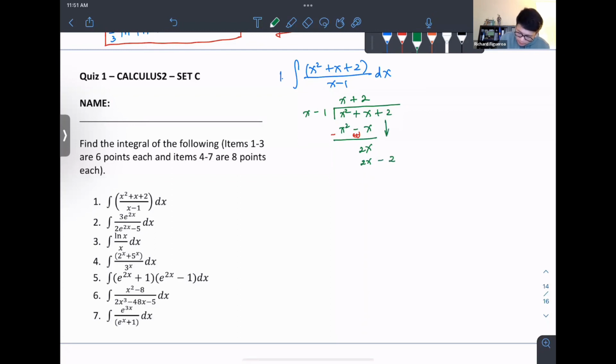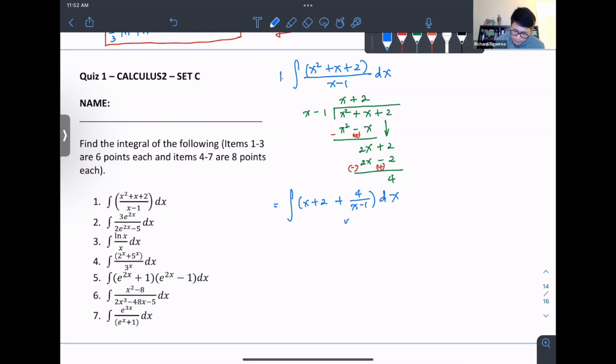So we bring down the positive 2 there. So we change the sign, so this is negative, this one becomes positive. And 2 plus 2 will be 4. So rewriting number 1, that will be x plus 2 plus 4 all over x minus 1 dx.